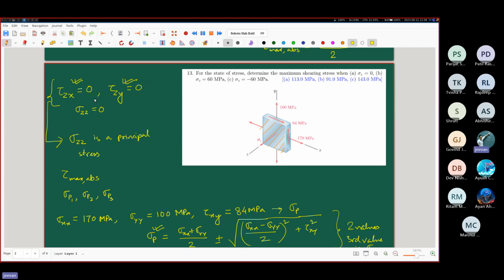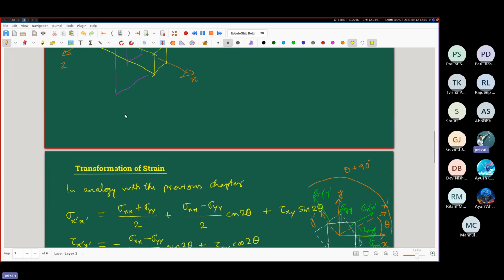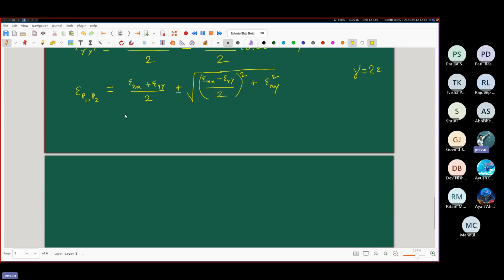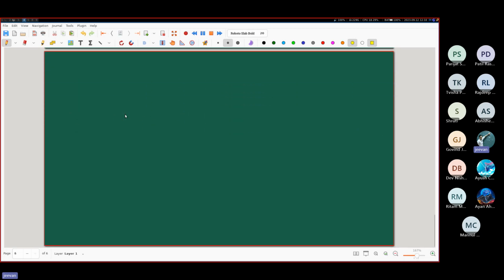So you can have sigma xx equal to 0, tau xy equal to 0, and tau xz equal to 0. That is also plane stress, where the plane of concern is the yz plane. You just have to have the three stress components equal to 0 for a certain plane. Otherwise, the other stress components are not 0, that is fine.